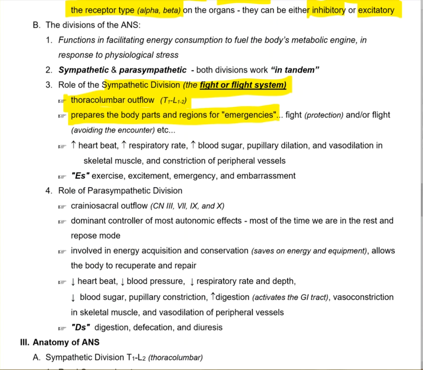These are all the kinds of things that would happen. Our heartbeat should increase. Our respiratory rate should go up. Our blood sugar should go up. All of those things are going to make oxygen and sugars available to our skeletal muscles. Our pupils should dilate so we can see in our periphery, especially if we are going to try to get away from something or we wanted to see our surroundings better.